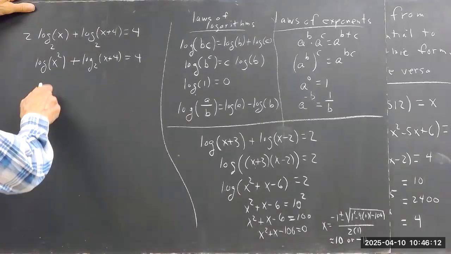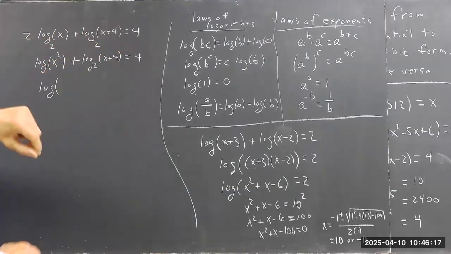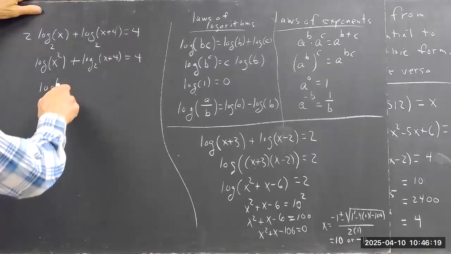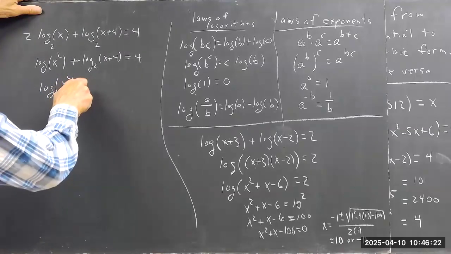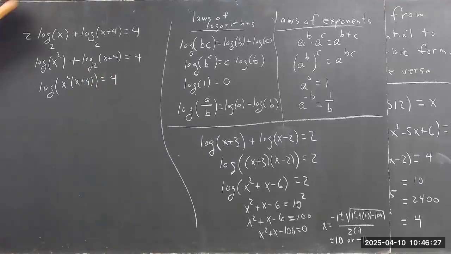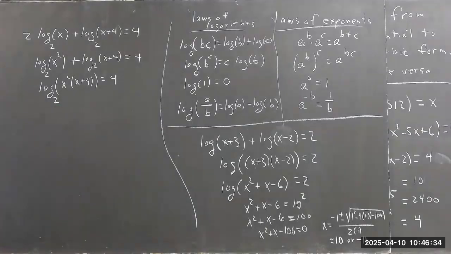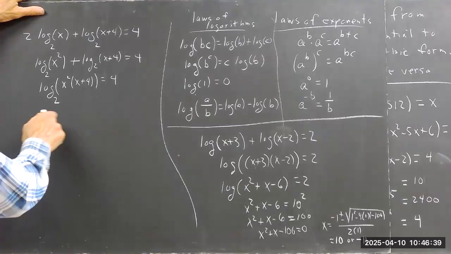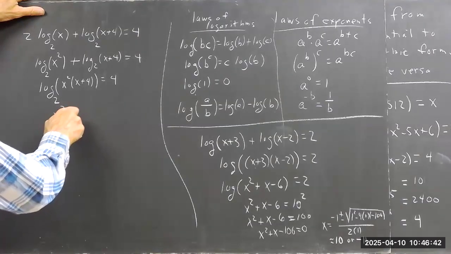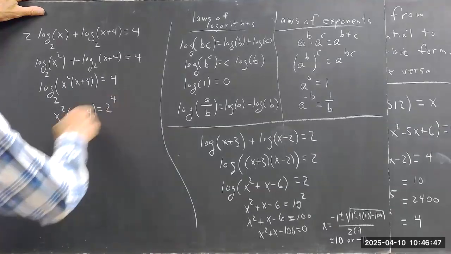Now the log of this plus the log of this is the log of this times this: log of x squared times x plus 4, and that's got to be equal to 4. It's a log base 2, so you have to remember that throughout. So x squared times x plus 4 equals 2 to the 4th.